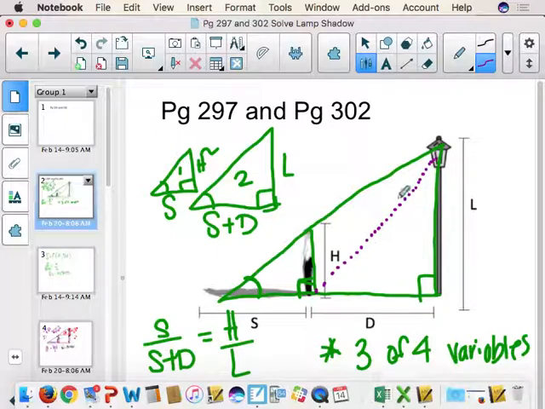Okay, so that triangle would have a right angle. It would have a length of D and a length of L. And it has the right angle. Does it have any other angles that are congruent?